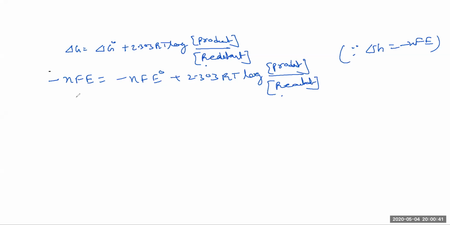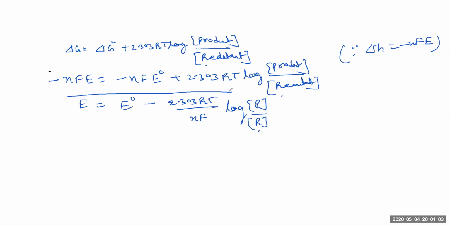Minus NF divided with minus NF means what will come? E is equal to E naught minus 2.303 RT by NF log of product concentration by reactant concentration. It is the general Nernst equation.